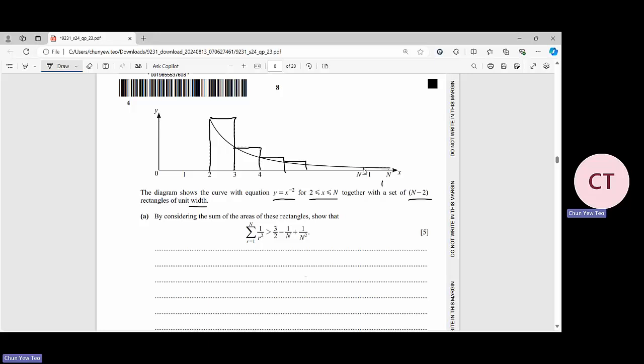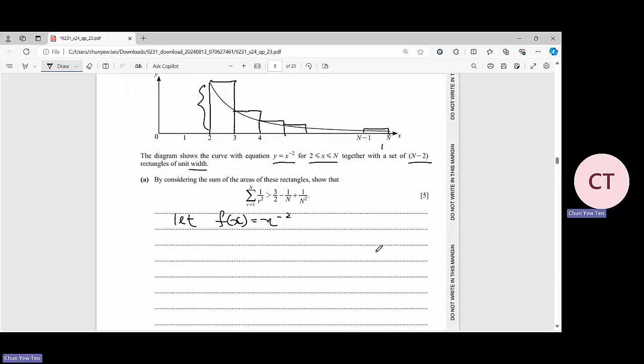Until here. So we start from the first rectangle. First of all, I let the function of the graph be called f(x).